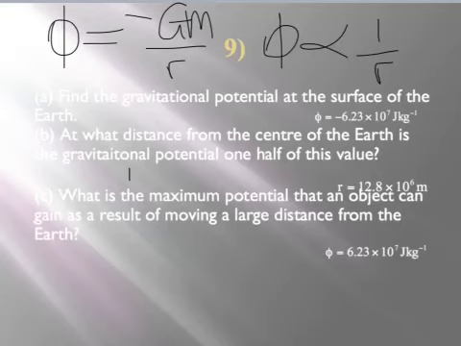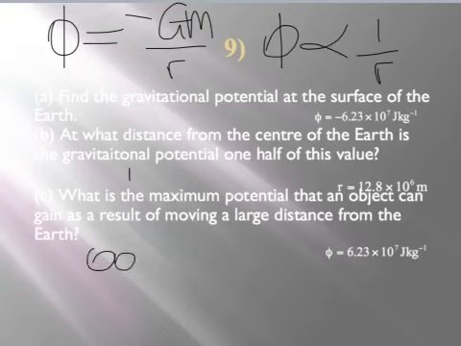And then last question here. What are we looking at? Oh, yes. The maximum potential that an object can gain as a result of moving a large distance from the Earth. Well, the largest possible distance we can move, of course, is to infinity.